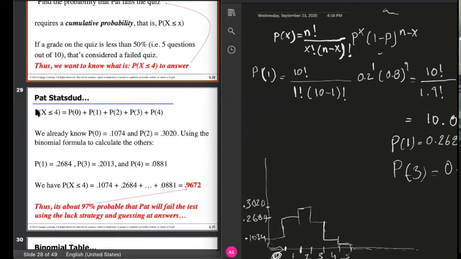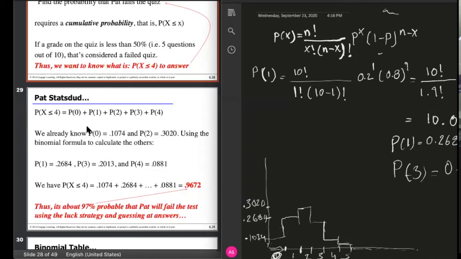So when we want to calculate the probability of 4 or less, what we need to do is calculate the probability of 0, plus the probability for 1, plus the probability for 2, plus the probability for 3, and plus the probability for 4. If we add all of these together, we calculate the cumulative probability from 0 to 4.